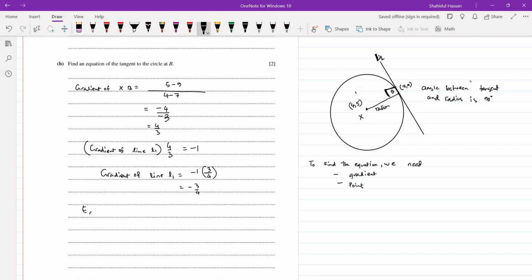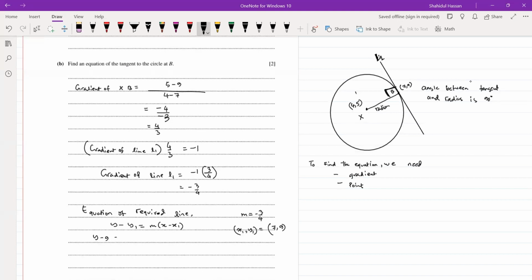Now we can use the equation of the required line, which I have named L1: y minus y1 equals m times (x minus x1). The gradient is minus 3 by 4, and (x1, y1) is the point B, which is 7, 9.